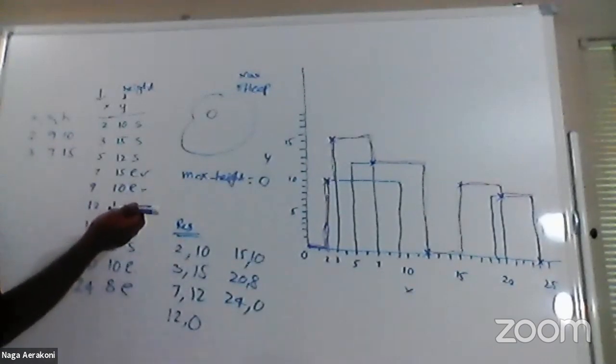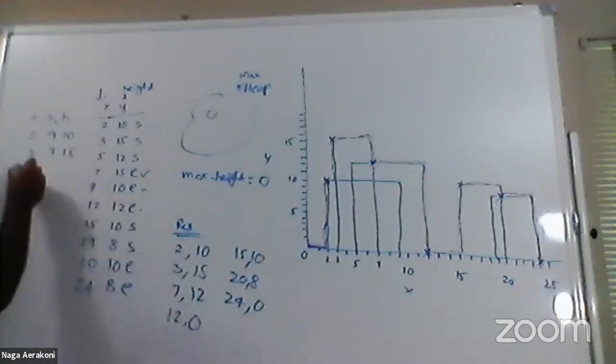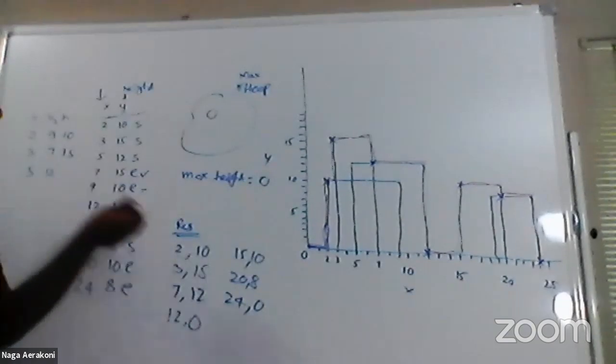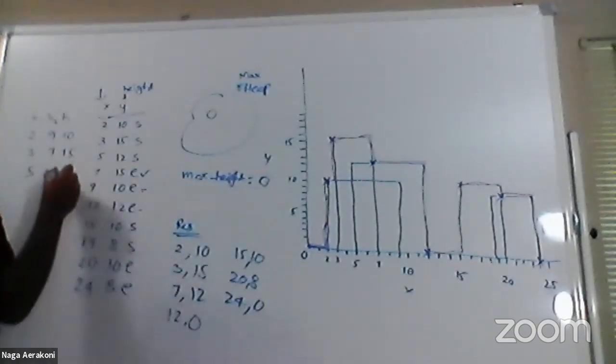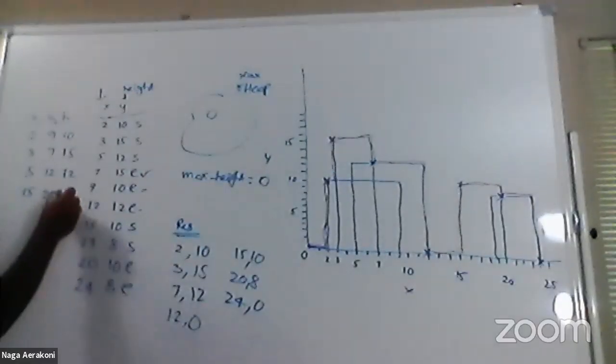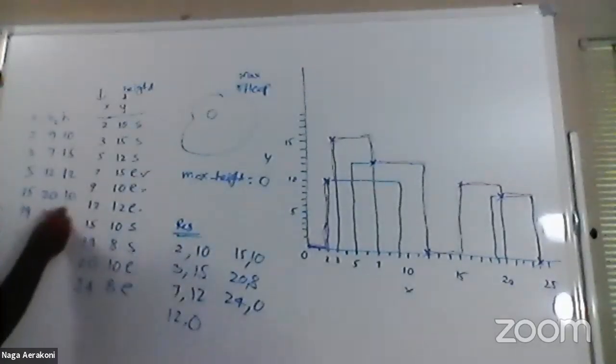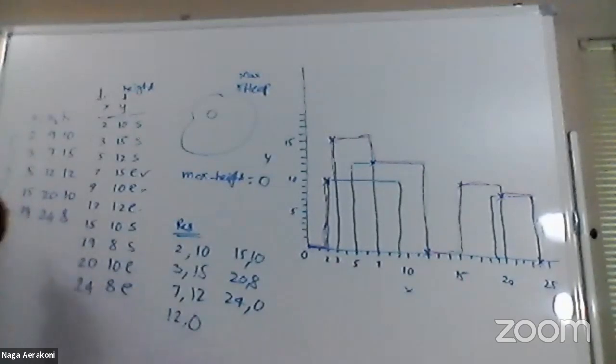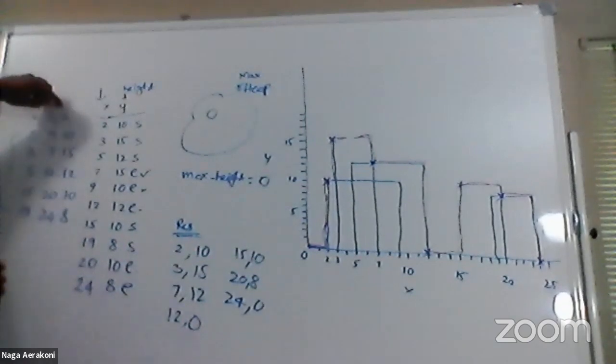And we are given 5 and 12, and the height is 12. And the next one 15, 20, 10. 19, 24, 8. Okay, so these are the 5 buildings that we were given, with x1, x2, and their height.